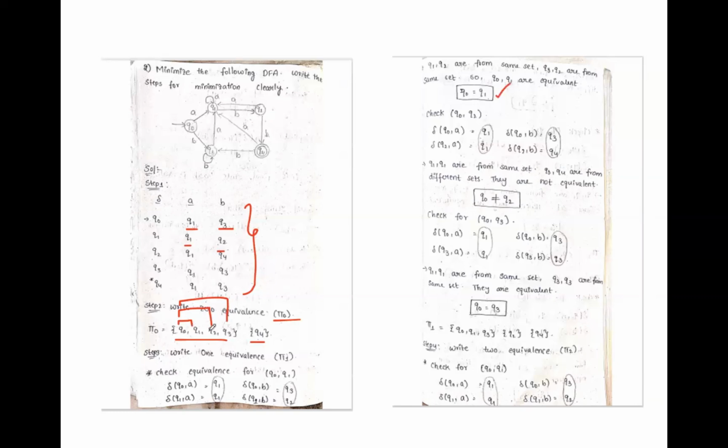Now check the Q0, Q2 combination. So Q0 on A, again we got Q1, Q2 on A is Q1, Q0 on B is Q3, Q2 on B is Q4. So check Q1, Q1. Yes, identical. Q3, Q4.